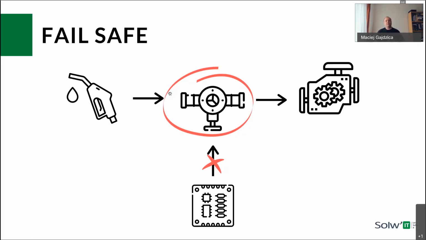And for example, in a railway signaling system, if our control device stops working, by default, we say that the track is occupied. So we minimize the risk that some other train will come and crash into the train that is on this track.